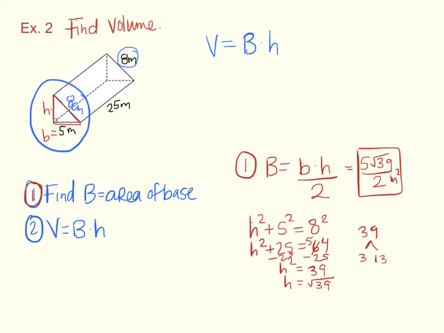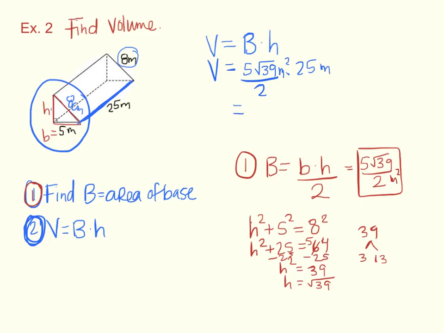Okay, now that I found the area of my base, I can go to my step 2. So the volume is the area of the base, 5 times the square root of 39 divided by 2, times how tall is this shape? Well, it's 25 meters tall. Now remember, my area of the base is meters squared and my height is meters.